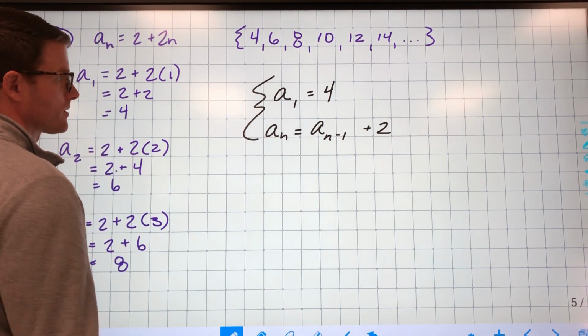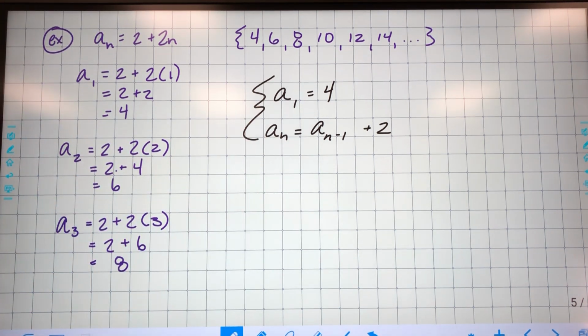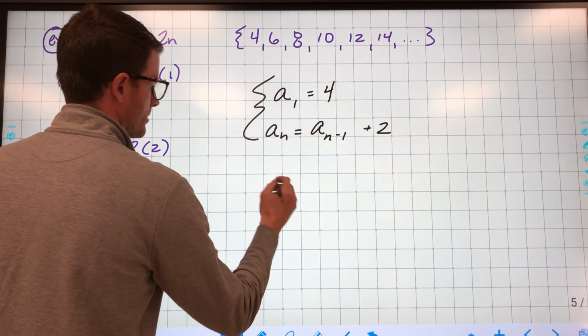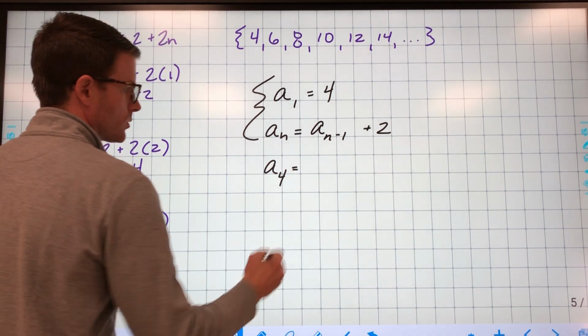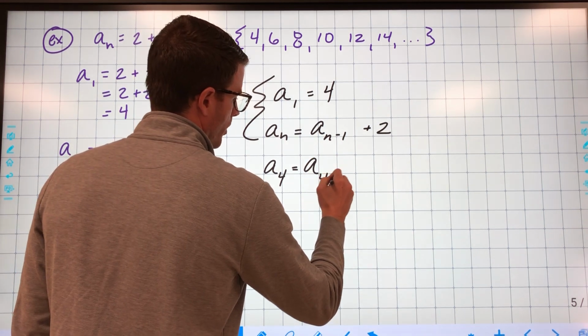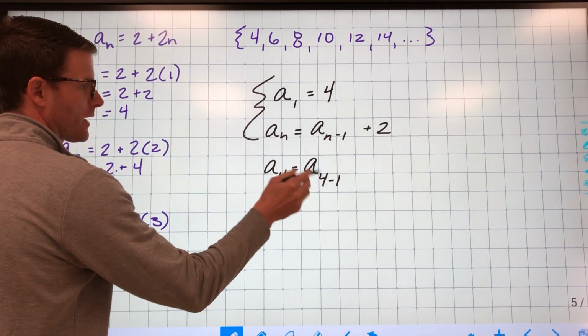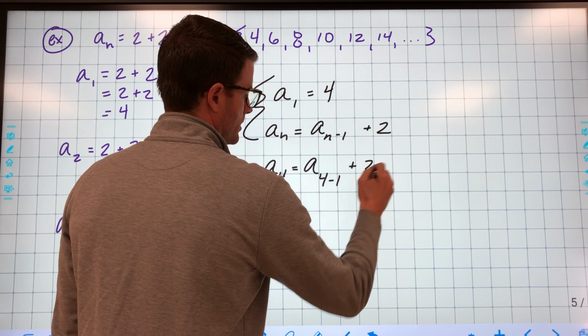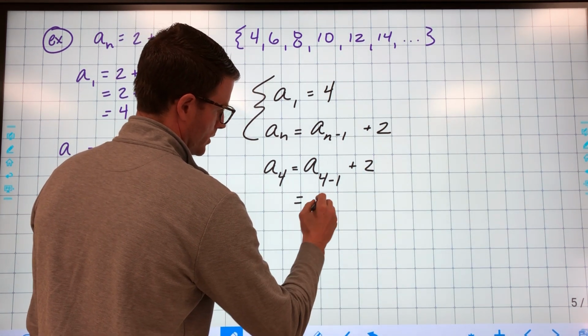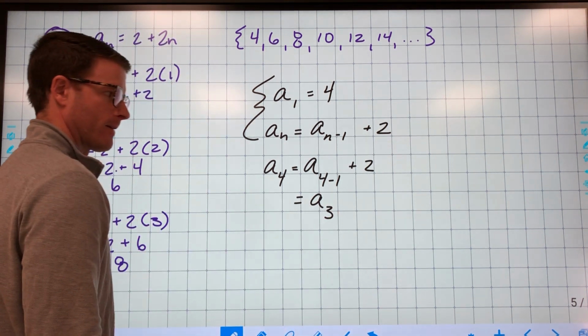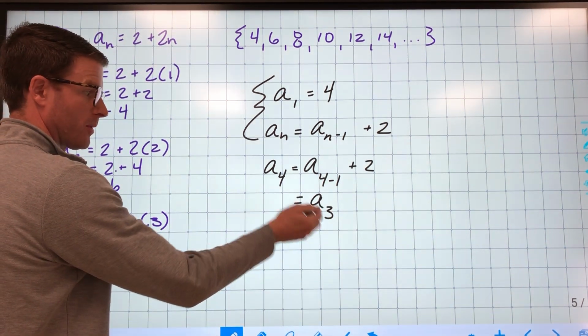I can check this, right? Let's say we want to find the fourth term. So I know the first term is 4. The fourth term would be a sub 4 equals a sub 4 minus 1, just plug in a 4 everywhere there's an n, plus 2. Simplify this: 4 minus 1 is the third term, the term before the fourth term.